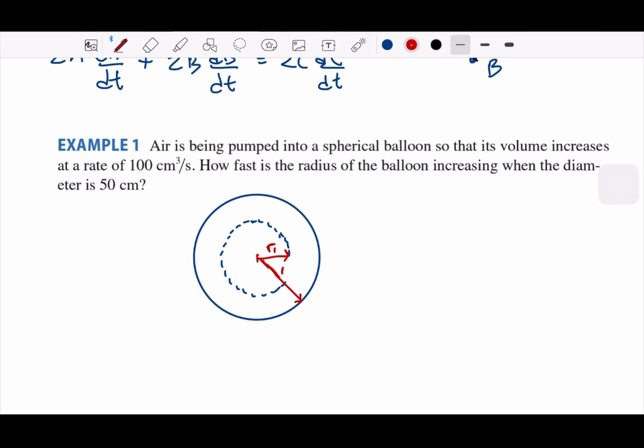This is R1, this is R2, and we have dV over dt is 100. It's asking how fast is the radius, so dr over dt is asked, at diameter equal 50 centimeters.